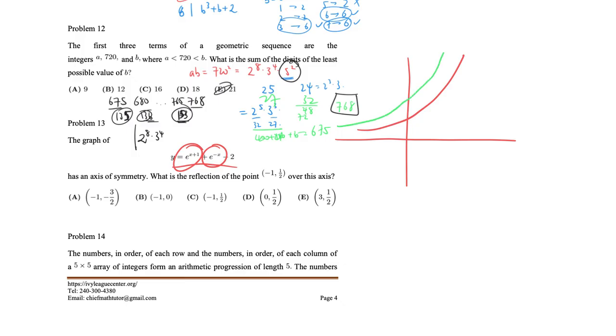So this is supposed to be 0, and this is -1. So at the same level, you have these 2 points. And then e to the negative x is if you reflect e to the x over the y-axis, and that would look something like this.